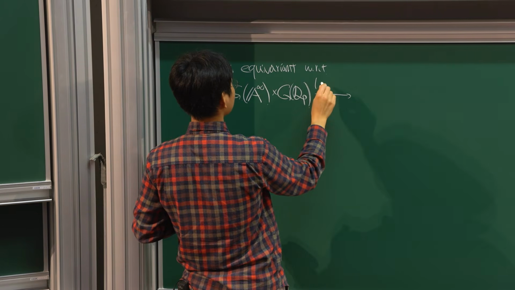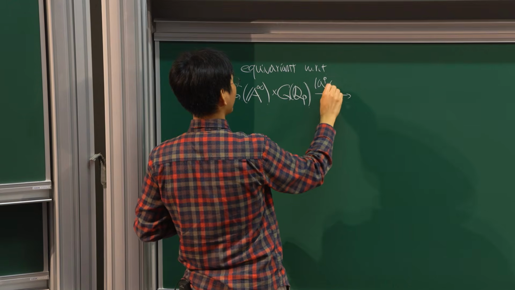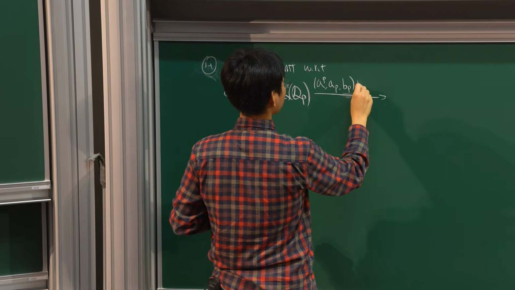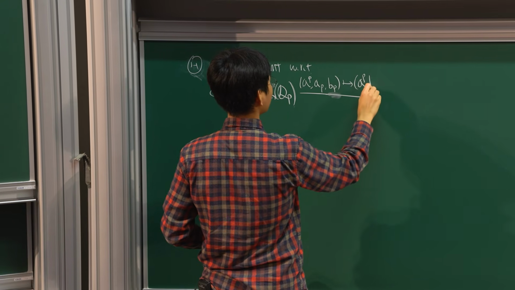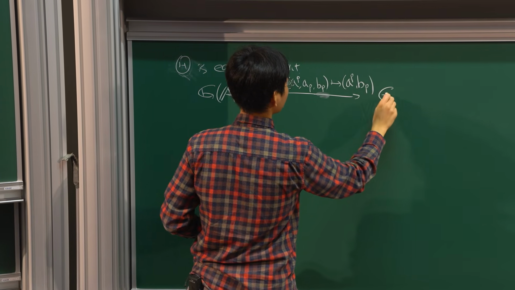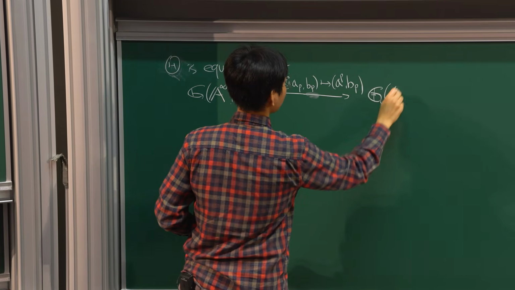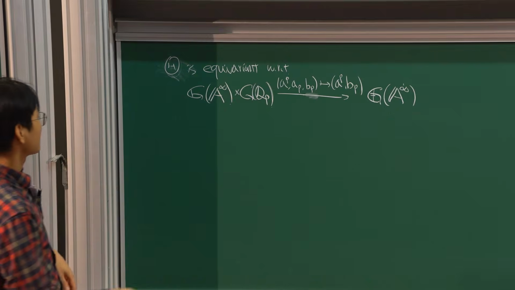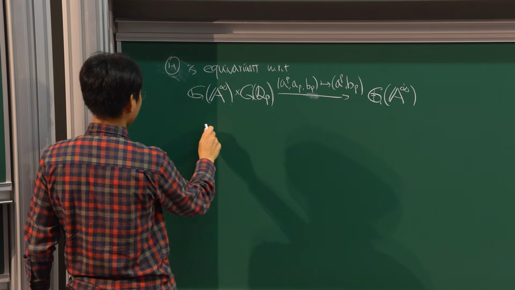If I write it as A upper P, comma A lower P, comma B lower P, it maps to A upper P, comma B lower P. This lands inside GA infinity as well, and it's covariant with respect to this.